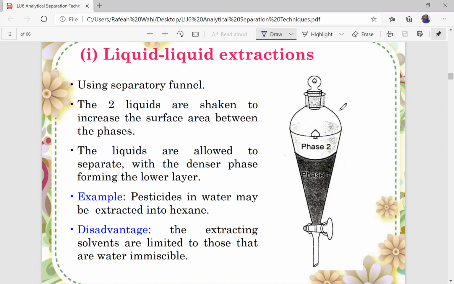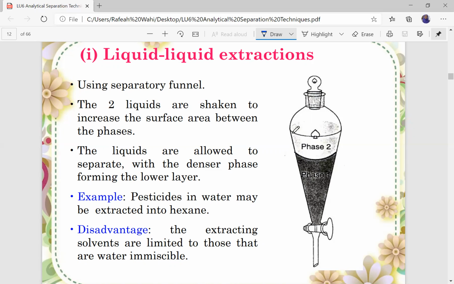Using a separatory funnel, two liquids are shaken to increase the surface area between the two phases, and the liquids are allowed to separate after the shaking process, with the denser phase forming the lower layer. For example, when you want to analyze pesticide in water, you can extract the pesticide into hexane. Let's say you take a water sample containing pesticide and you put it into the separatory funnel.